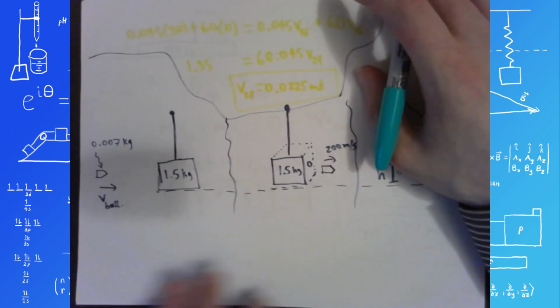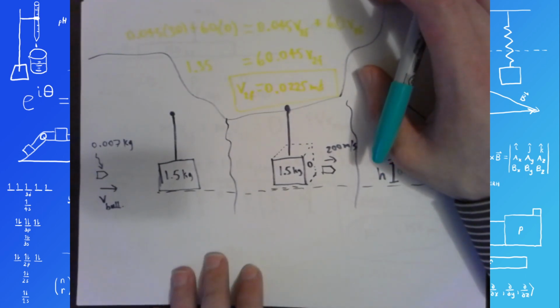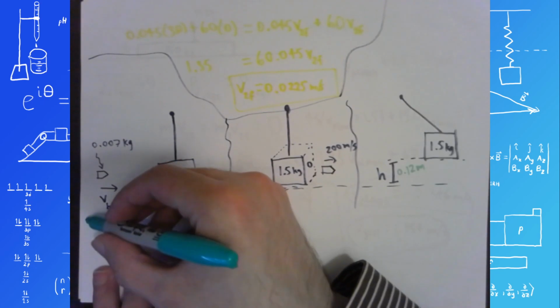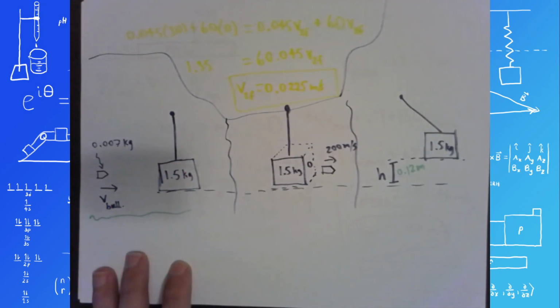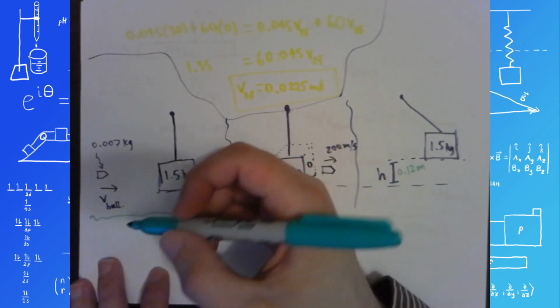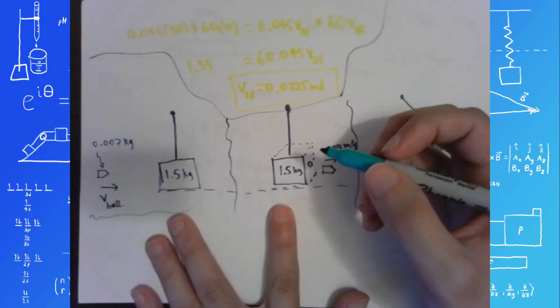So technically, momentum is not entirely conserved, but it's approximately conserved. So we can justify using conservation of momentum there.